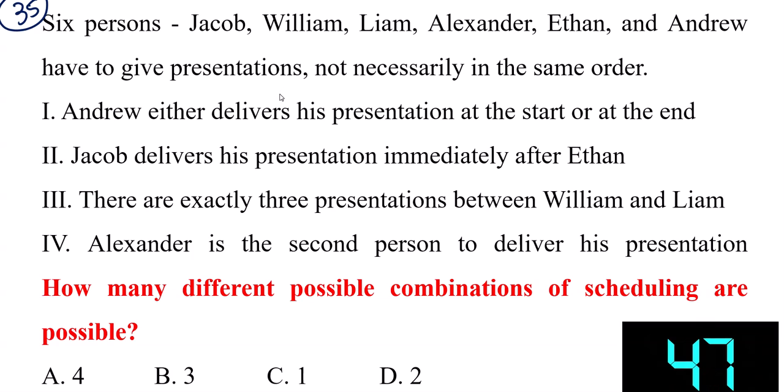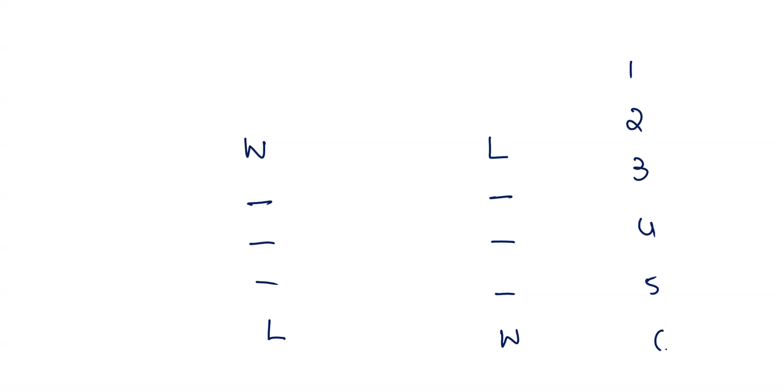See, William and Liam with three presentations between them, it can be William then Liam, or Liam then William. Count 1, 2, 3, 4, 5, 6. Alexander is going for the second place.